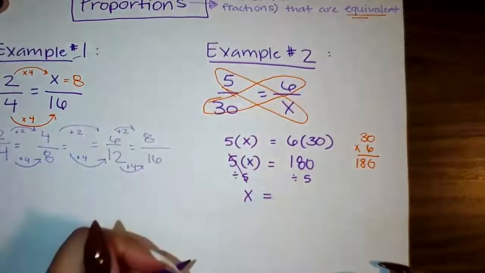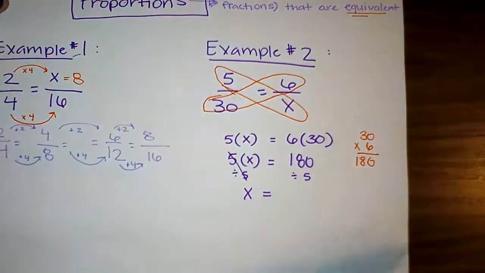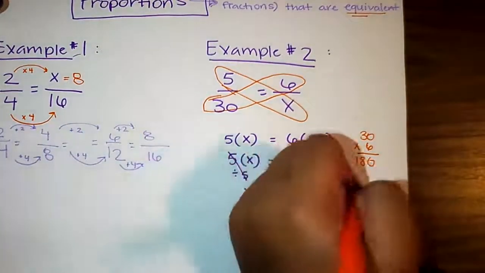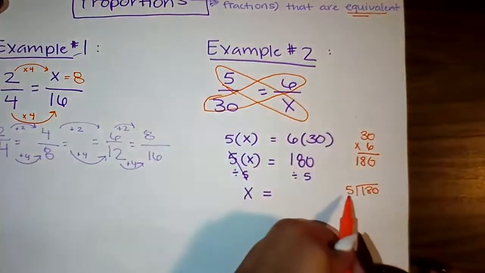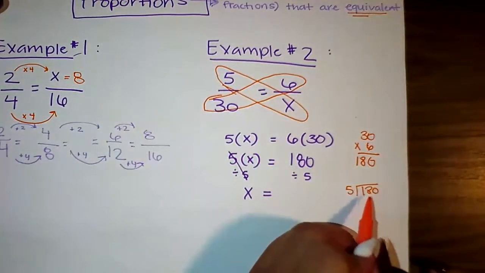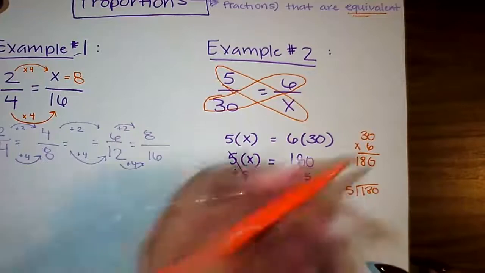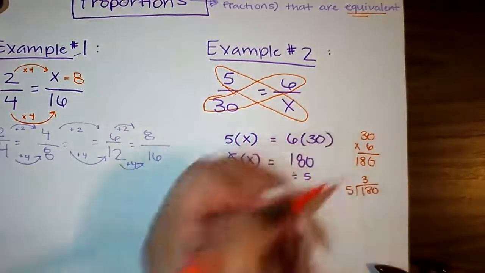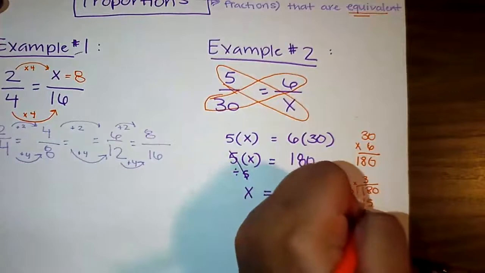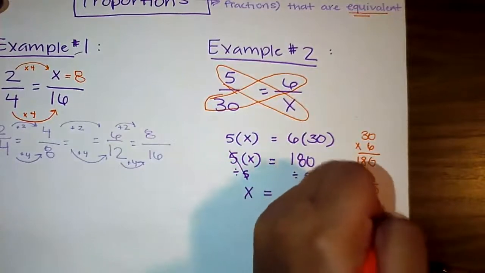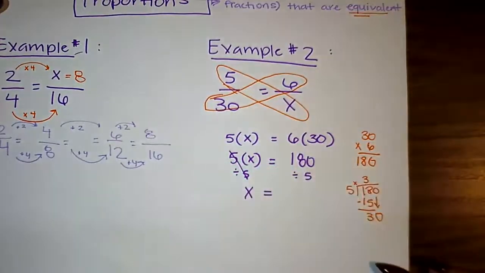Now I need to do 180 divided by 5, and I'm going to do my scratch work on the side. Well, how many groups of 5 are in 18? 5, 10, 15. There are 3 whole groups. 3 times 5 is 15. I subtract and get 3 and bring down the 0.